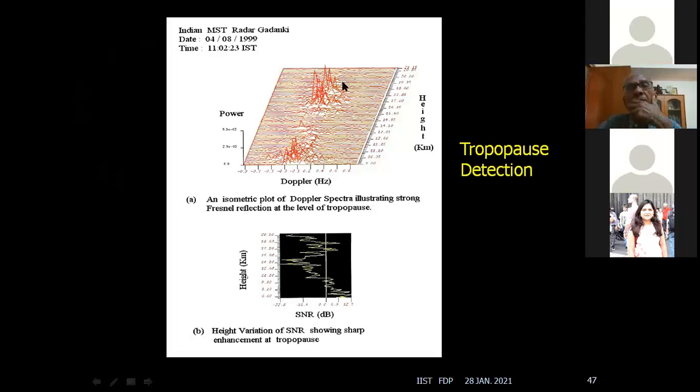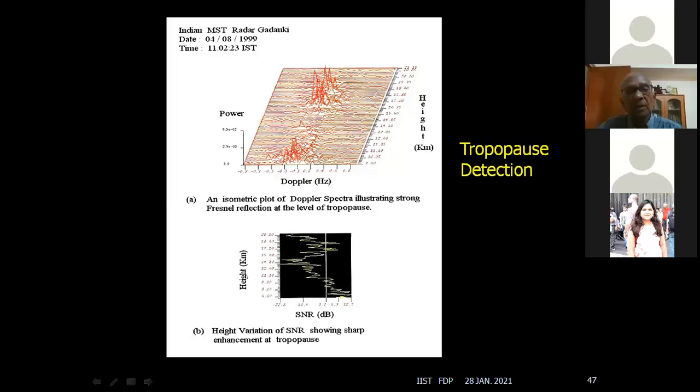At about 25 kilometers or so, the turbulence is so weak you will not get any signal at all. So this is the SNR going back. This is the tropopause. You can measure the tropopause height very, very accurately.